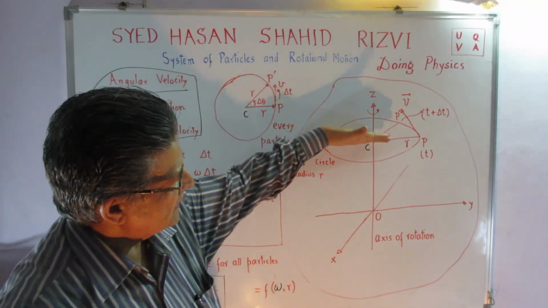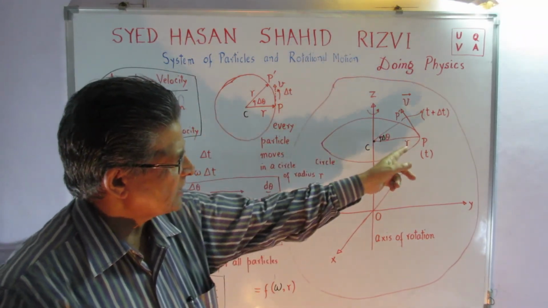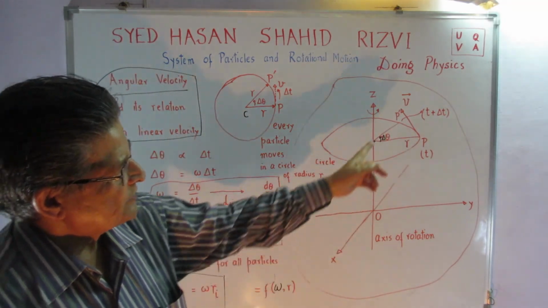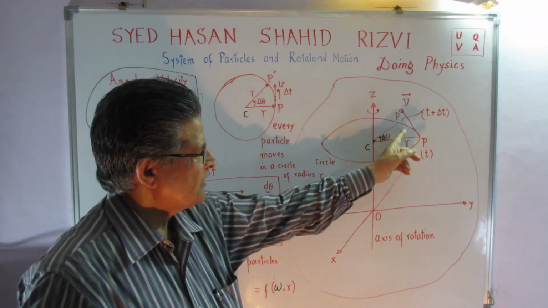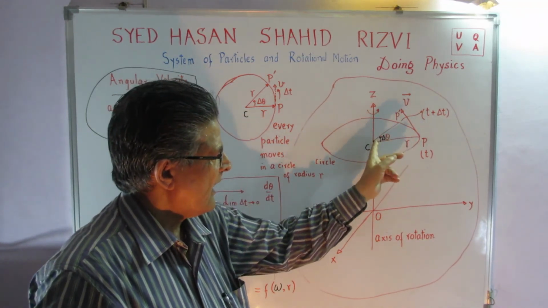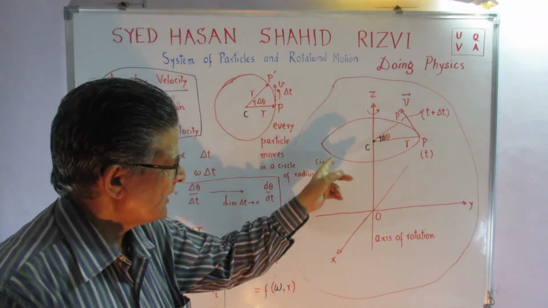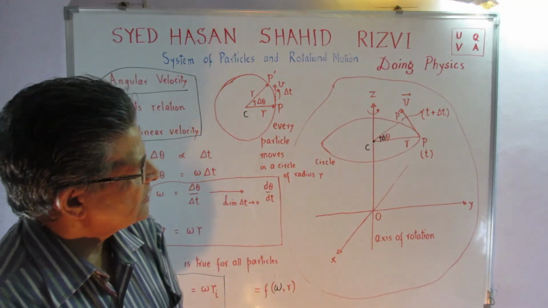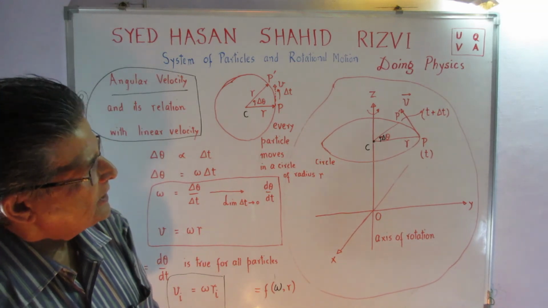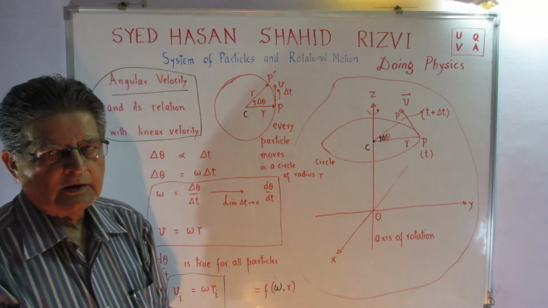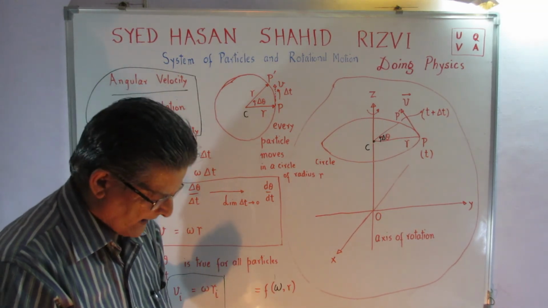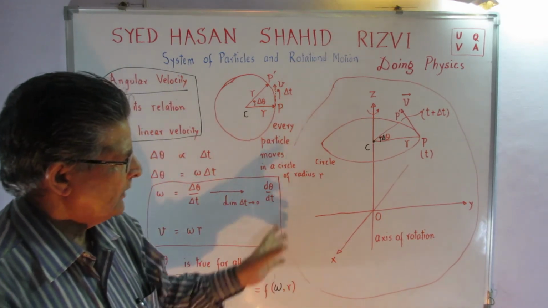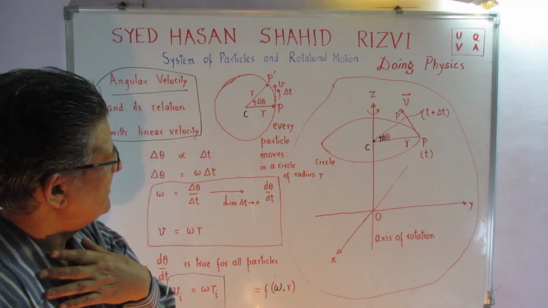In this plane I have this particle P, which rotates and reaches the position P dash, and all particles on this circle are at a distance of r from what I have just suggested to be the center on the z-axis, or any axis of rotation associated with this rigid body.